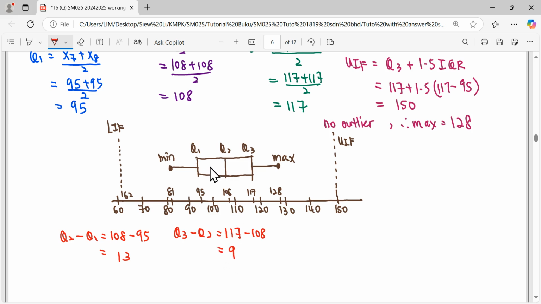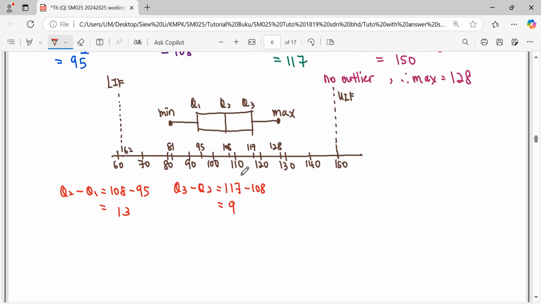So it seems the left hand side should be bigger, but my scale here is a bit out of shape, so you can't see that this box is bigger. But if you draw it accurately following your scale on your paper, you must see clearly that this box is bigger than the right hand side. So the left hand side box is bigger than the right hand side, meaning this distribution is skewed to the left. The distribution is based on our box, not on our whisker. Therefore, we do some reasoning.